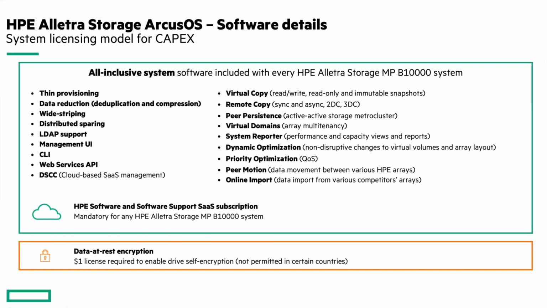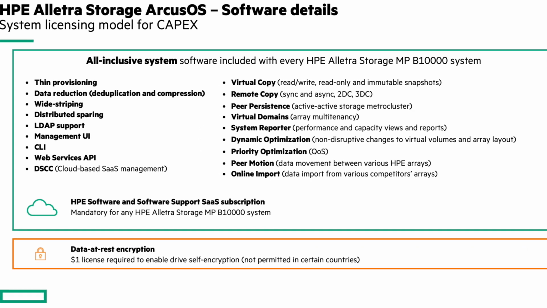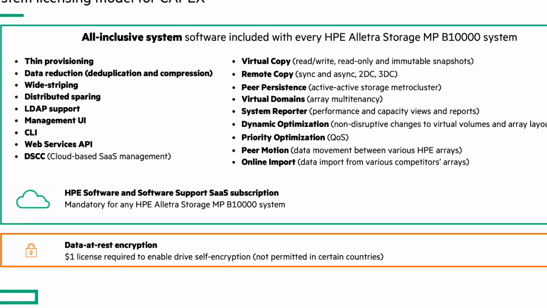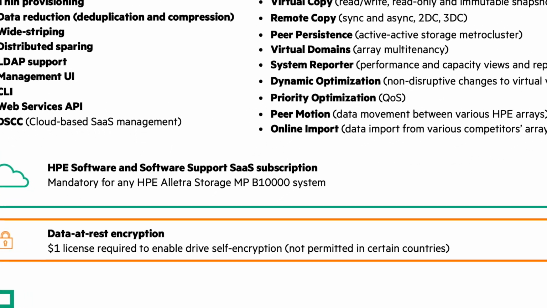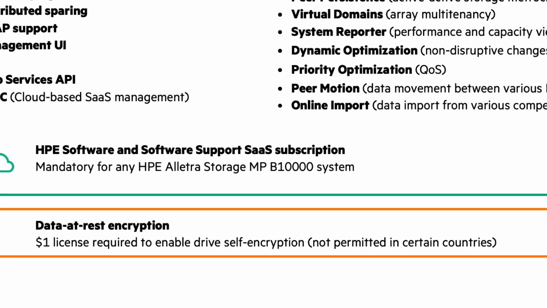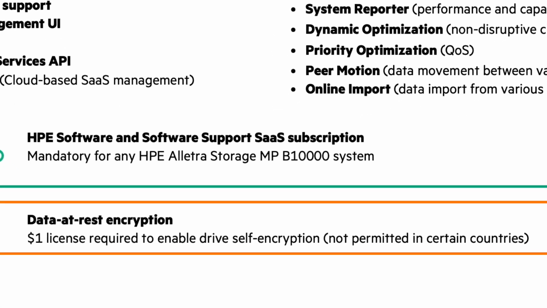So in order to make that simple, we charge $1 for it. That's the only kind of gotcha out there. It's like, hey, what is this $1 charge for encryption? That doesn't make any sense. So yes, okay.